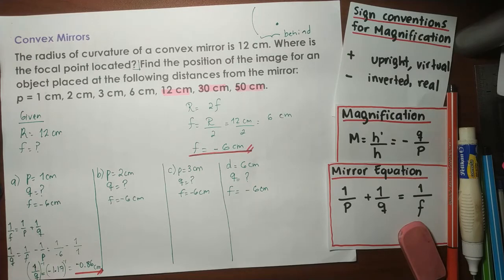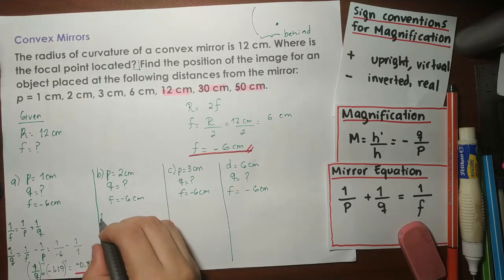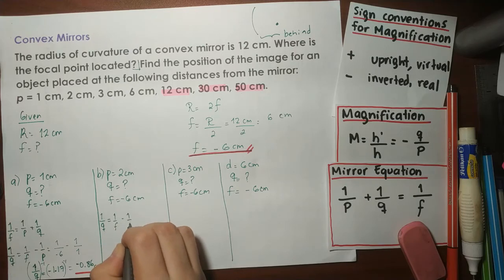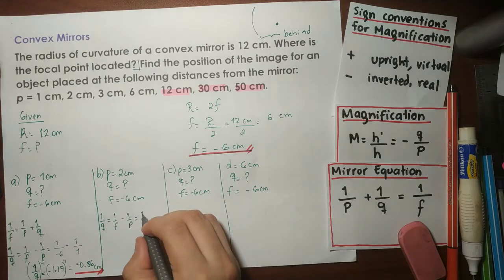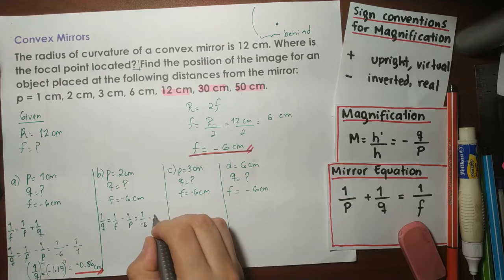In the second part, I will use the equation isolated: 1 over Q equals 1 over negative 6 minus 1 over 2.